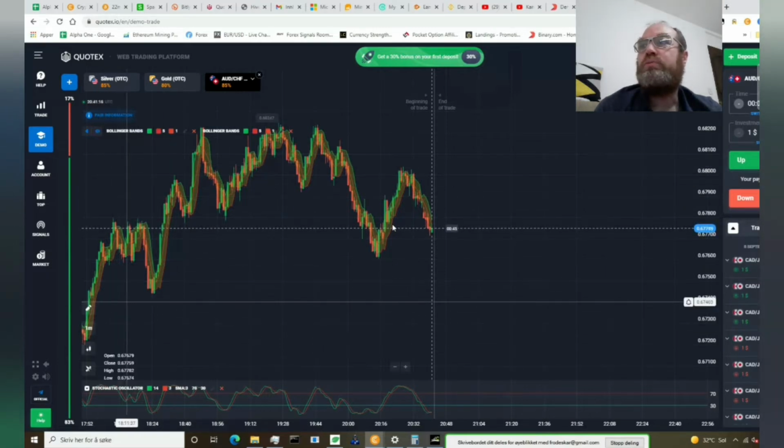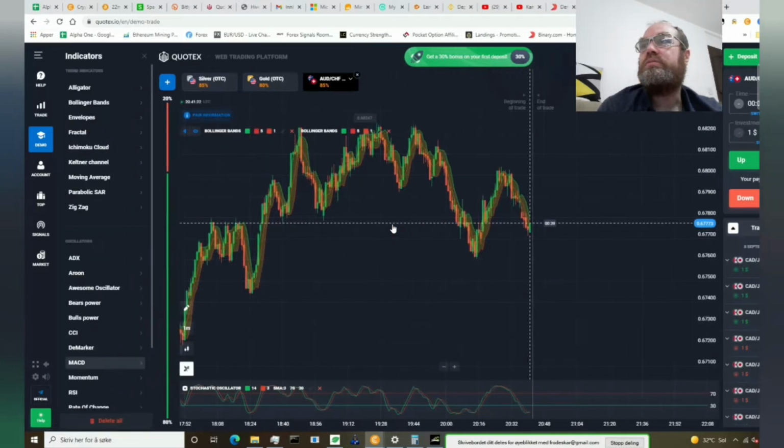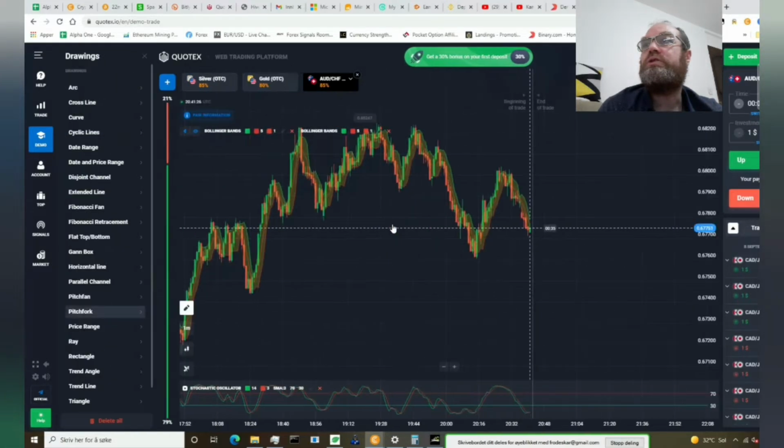Then we are going to put up some support lines. Let me see. It's not this one. We have it. Actually, Fibonacci retracement.